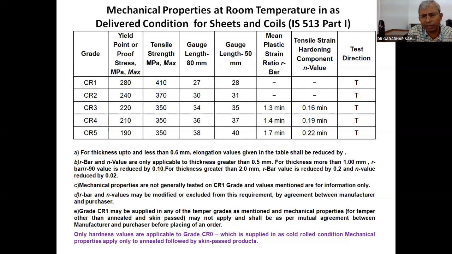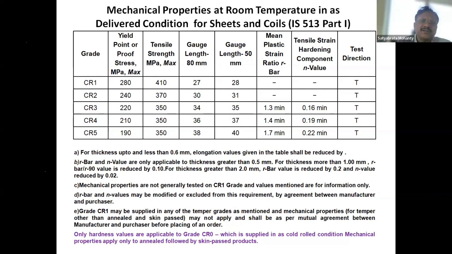But we also have a separate machine to calculate it without doing the tensile test at different angles. Directly, if you keep the sample, it will give you the result. There is a separate formula, modular something, its name is there. So that way we can get it.